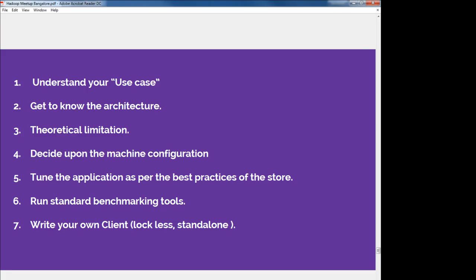The data store may claim 40K QPS, but your use case may not be the same, because every data store has its own architecture meant for a separate use case. For instance, in Cassandra it's always write, and read later only once.